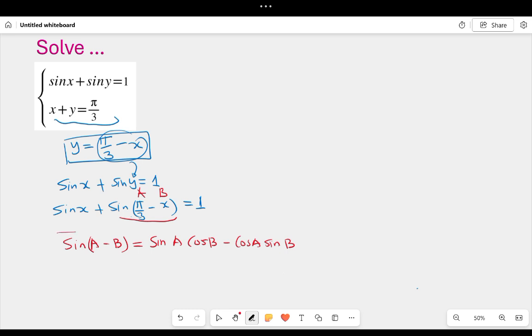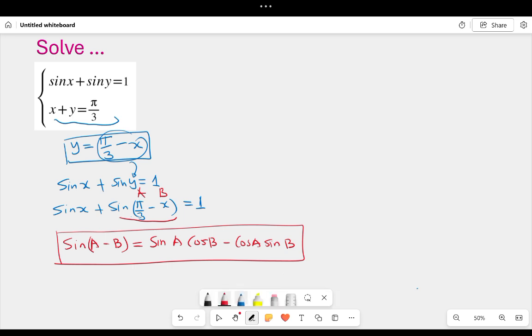Now, substituting that into this formula, we are going to find this. Okay? So when we do the substitution in the formula, we are going to get sine x. Let me write it here.